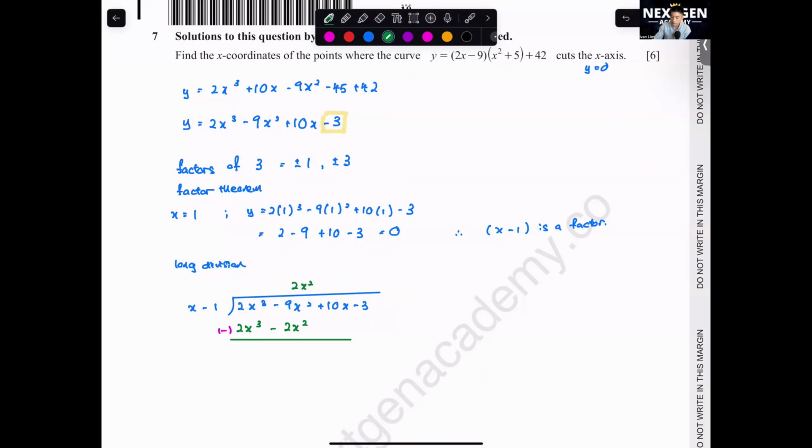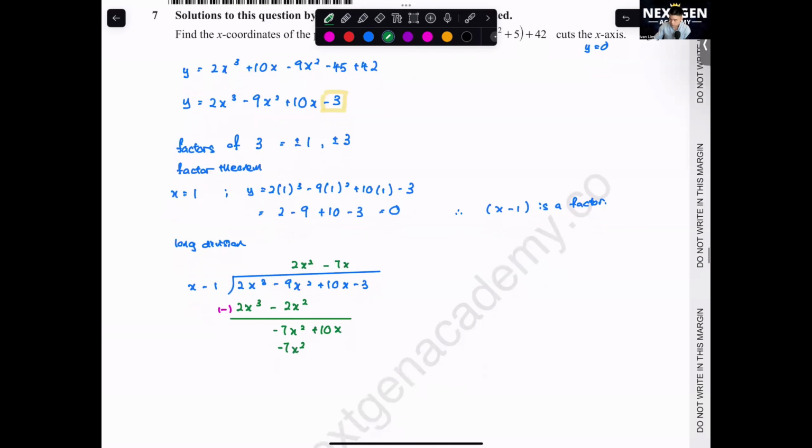So minus 9 minus minus 2 will be minus 7, minus 7x squared plus 10x. And here will be minus 7x squared plus 7x. Then 10 minus minus 7, we get 3x minus 3. So we get a plus 3.